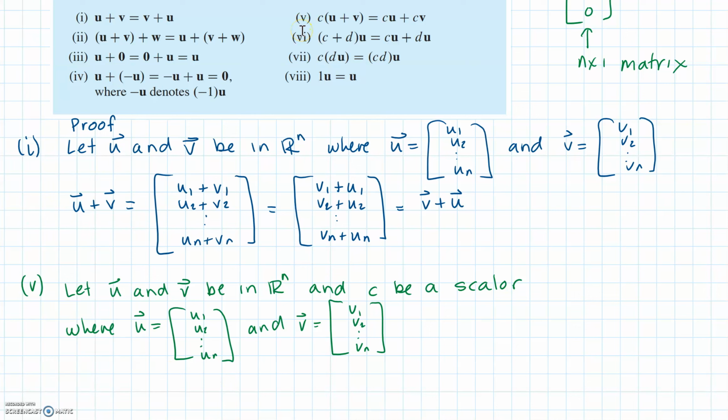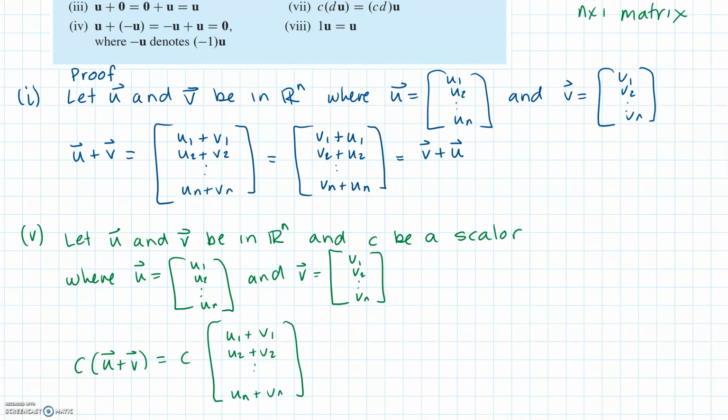So I'm going to take c times (u plus v). And I'm first going to add. We know that a scalar works with one matrix by definition, and we can multiply each entry.